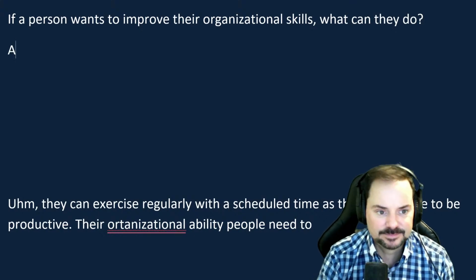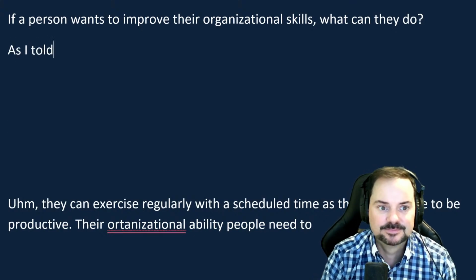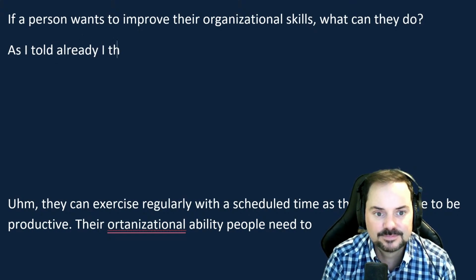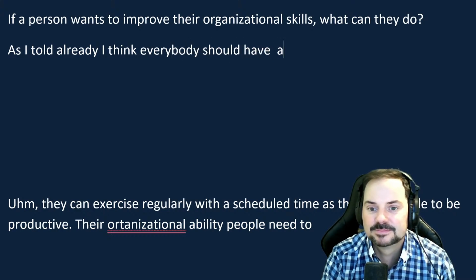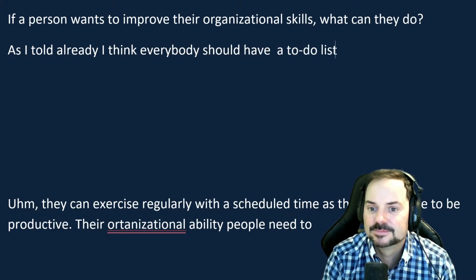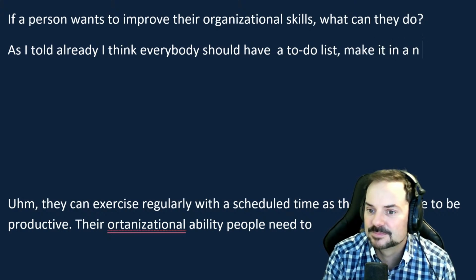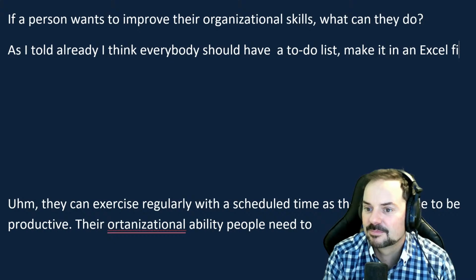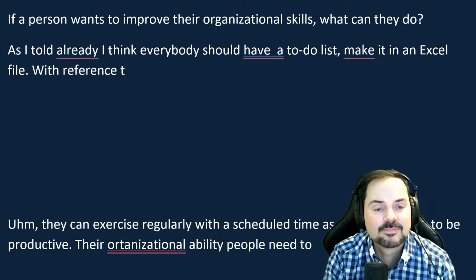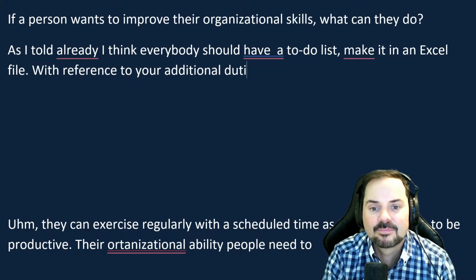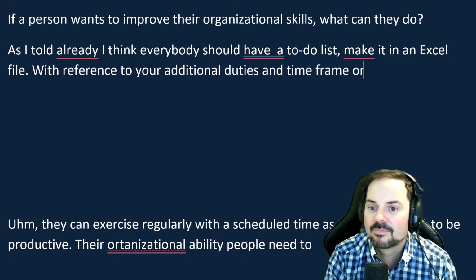As I already said, I do think that everybody should have a to-do list. And it's very easy, in my view, to make it in an Excel file and to put some priorities. And after that, to create your daily schedule connected to these priorities and with reference to your additional duties and the time frame of your work or studies or your promises to somebody else.